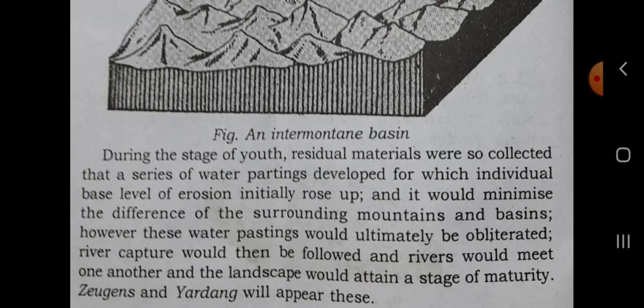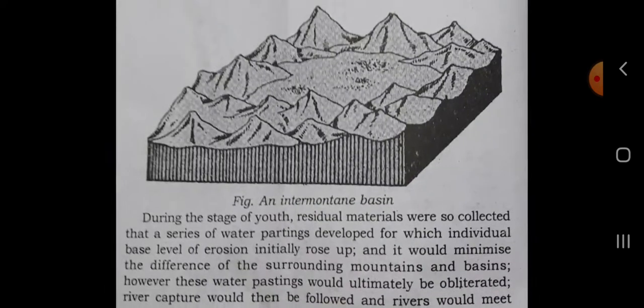However, these water partings would ultimately be obliterated. River capture would then follow, and the rivers would meet one another, and the landscape would attain a stage of maturity. Zeugen and Yardang will appear.